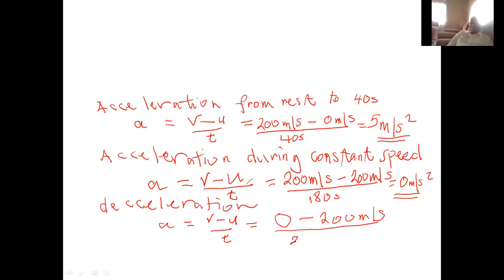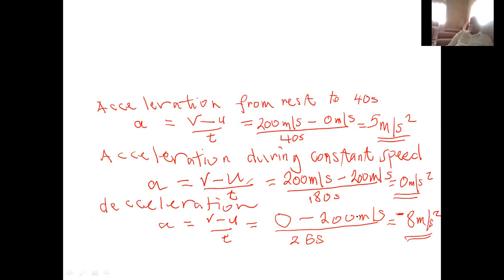So divided by 25 seconds, which gives us negative 200 divided by 25, which gives us negative 8 meters per square second.